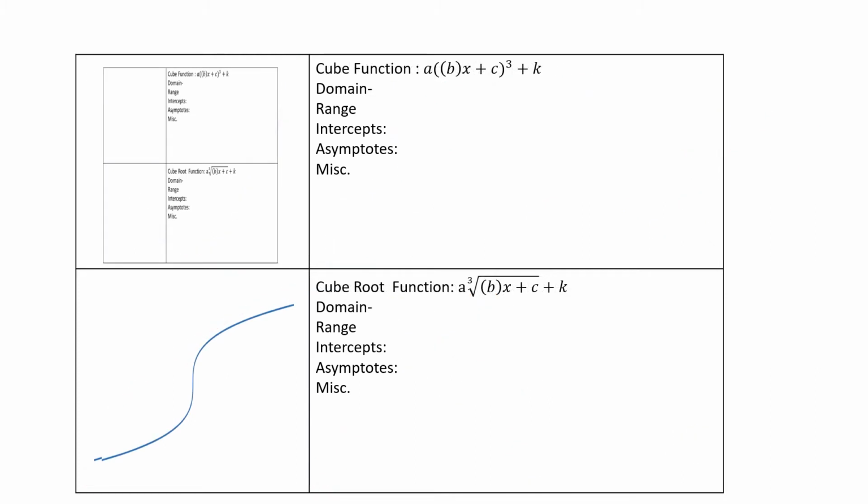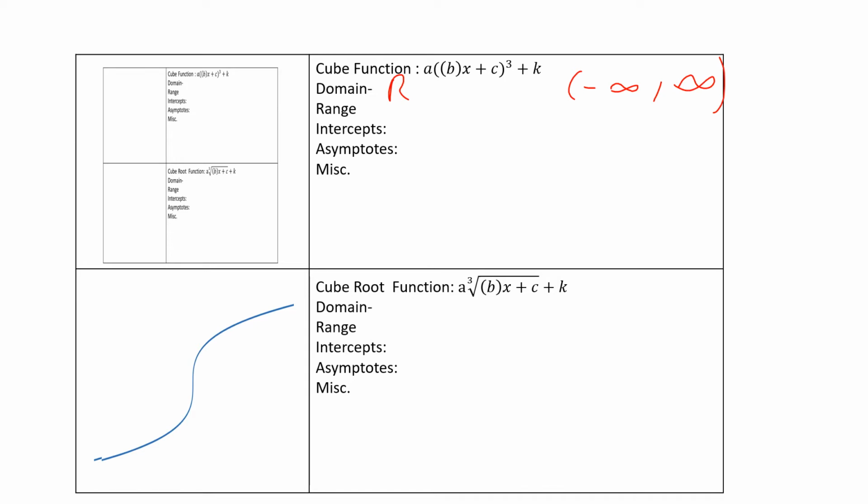All right, guys. Let's go ahead and get on with this one. So the cube and the cube root functions, although they are opposite of each other, the characteristics are exactly the same. The domain is all real numbers or negative infinity to positive infinity.